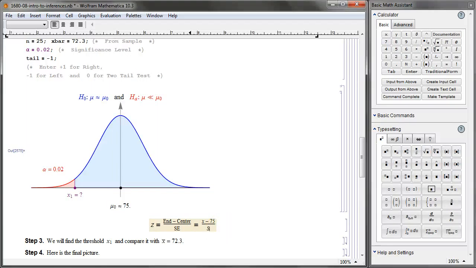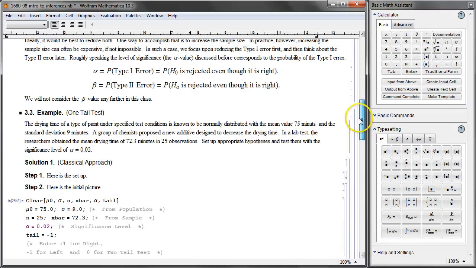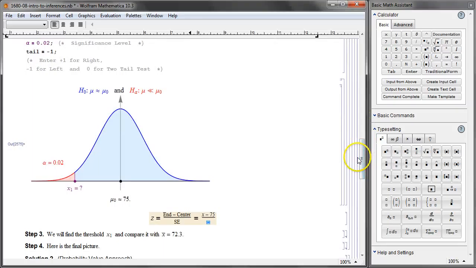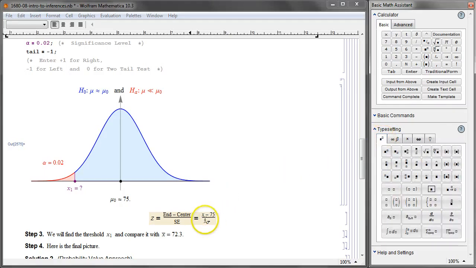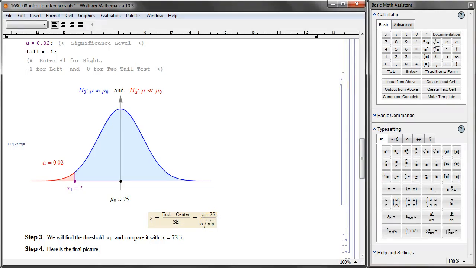But the standard error is, as a matter of fact, sigma over square root of n. Let's go over here to get all those Greek letters. Sigma over square root of n. And in this case, the sample size is 25, and sigma is 9.